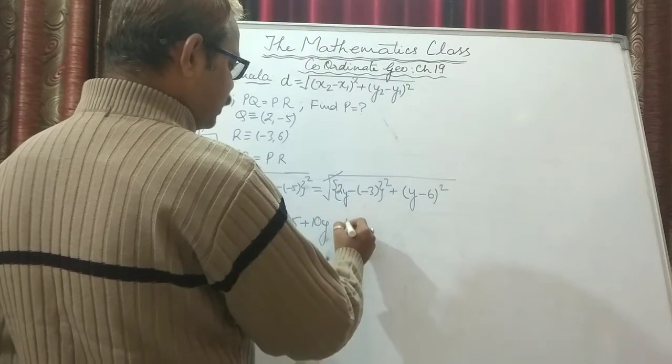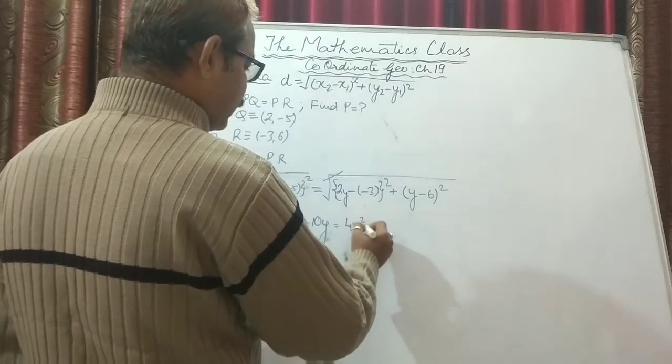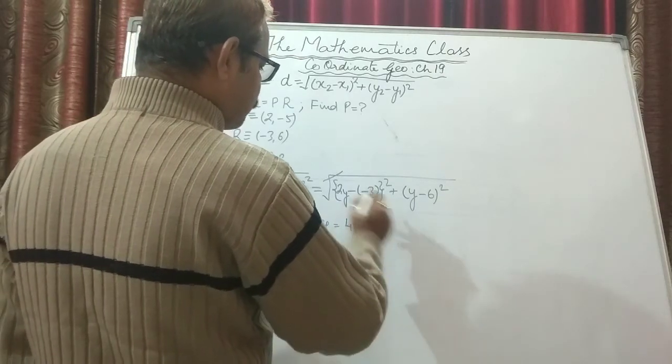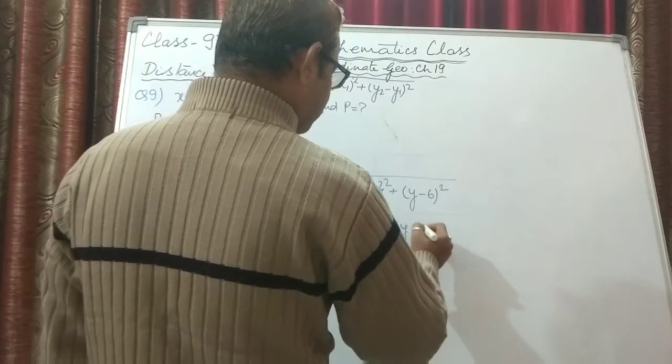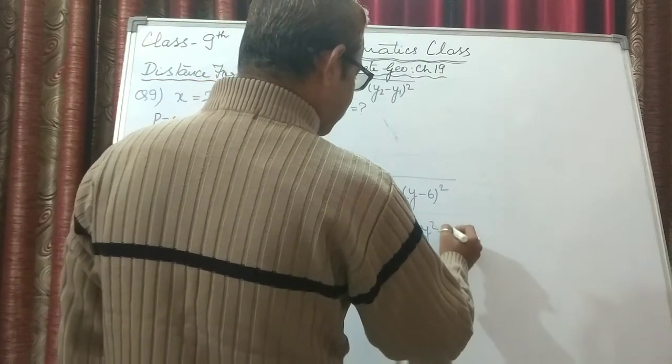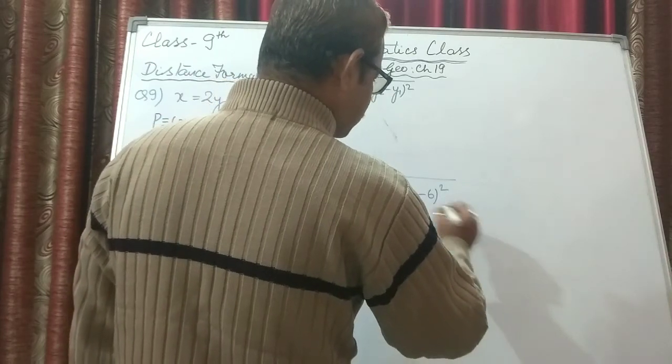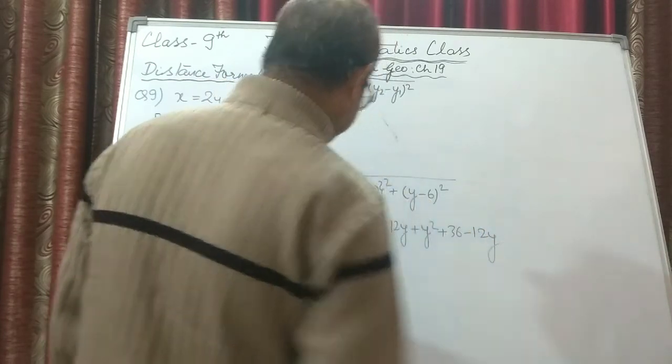So (2y + 3)² means 4y² plus 9 and plus 2 times 3 is 6, 12y, plus y² plus 36 minus 12y.